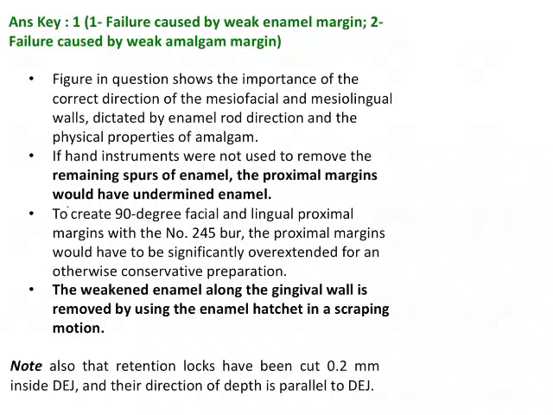So we'll quickly walk through the explanation here. One thing we should understand, we have to create 90-degree facial and lingual proximal margins using a number 245 bur. Now this particular 90-degree facial and lingual proximal margin can be given by significantly overextending the conservative preparation also.